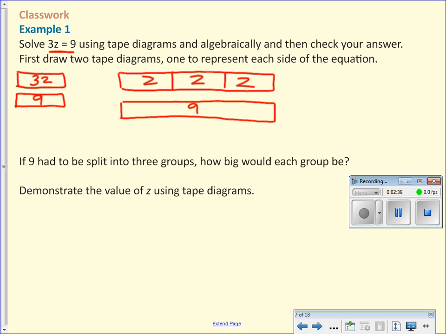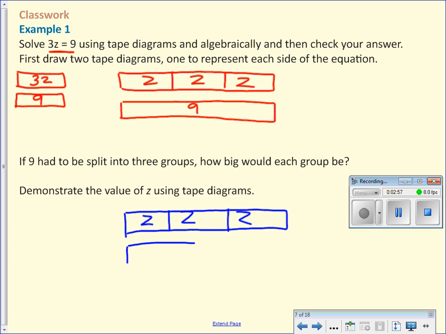So here, gentlemen, I still have my 3 z's, and I still have my 9, but instead I'm going to separate my 9 into 3 groups.